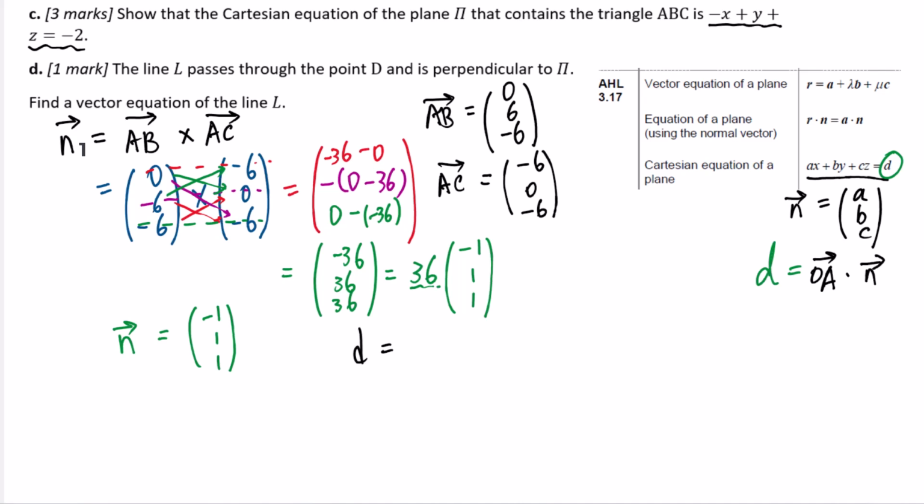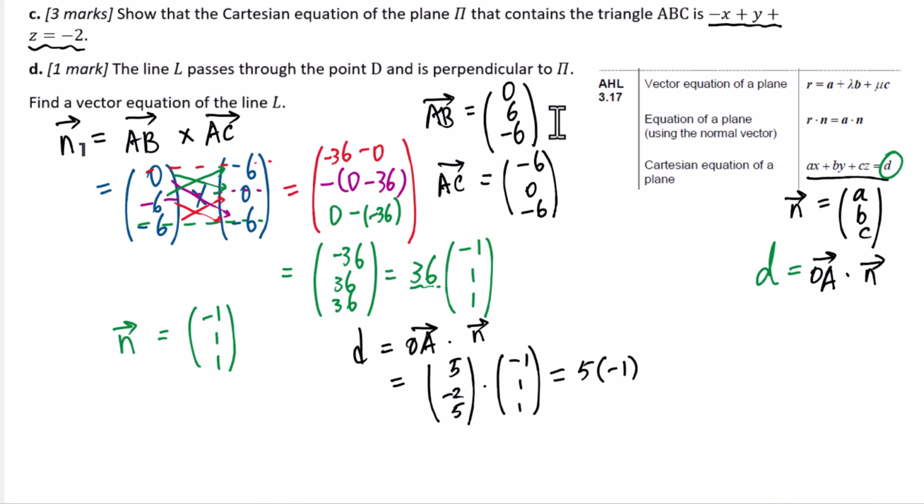Position vector, I will use OA. You can use OB or OC. Dot normal vector equals 5 times -1 plus -2 times 1 plus 5 times 1 equals -2.